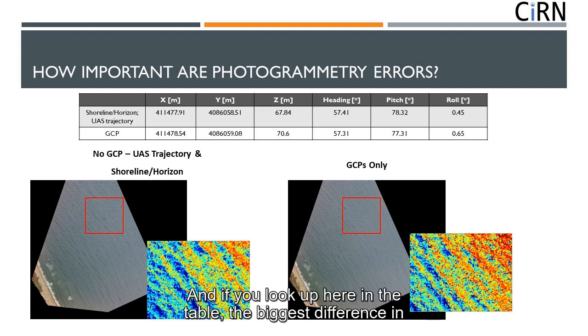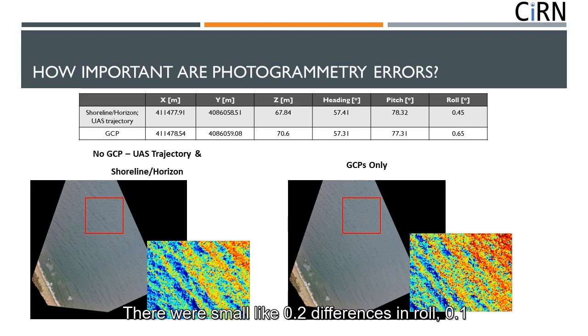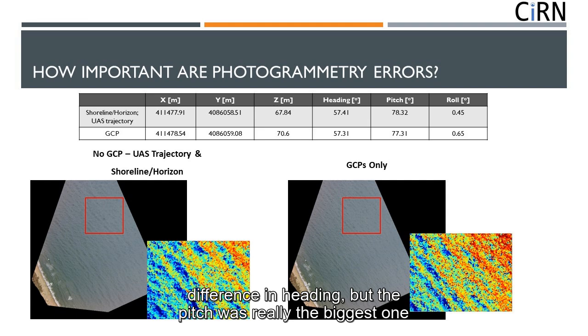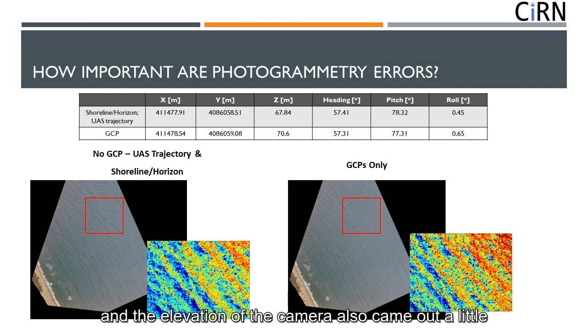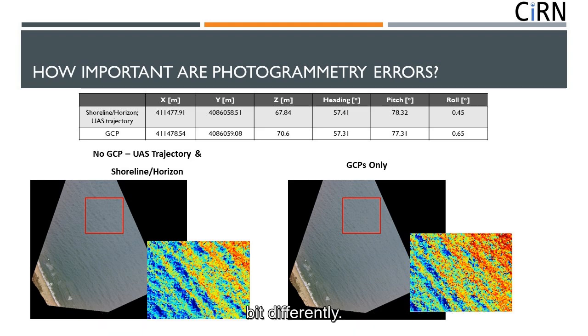And if you look up here in the table, the biggest difference in our extrinsic parameters is a 1 degree difference in pitch. This one had a pitch of 78.32. This one had a pitch of 77.31. There were small, like 0.2 differences in roll, 0.1 difference in heading, but the pitch was really the biggest one, and the elevation of the camera also came out a little bit differently.